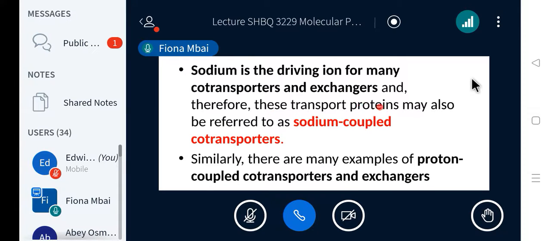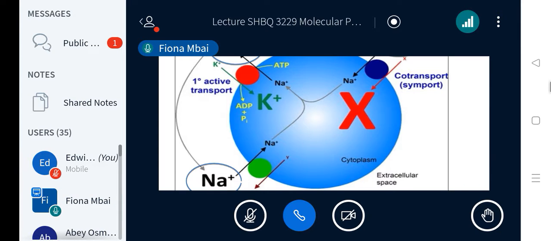Therefore, these transport proteins may also be referred to as sodium-coupled transporters. Similarly, there are many examples of proton-coupled co-transporters and exchangers. So the key driving ion is sodium. When one ion is moved, chances are sodium is the driving ion. In other situations, you'll find that it is potassium ions. And that's why I showed you that as the very first example of transportation across the plasma membrane.